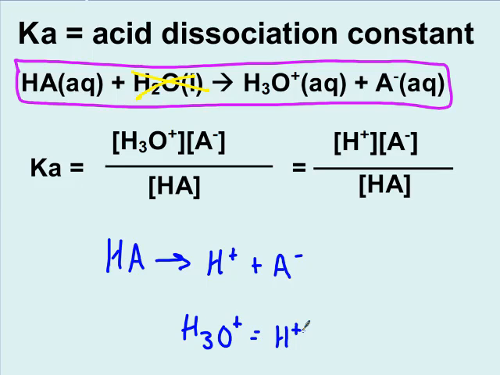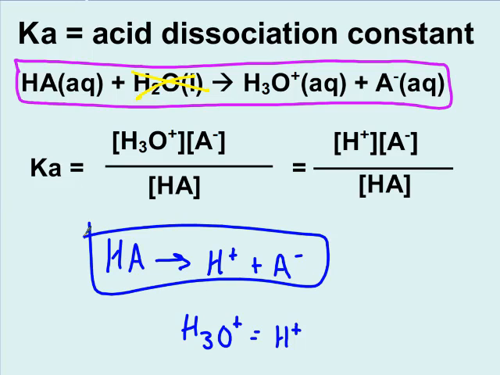The only difference is H3O includes the water, while H plus is the net ionic where water's been removed. So if we used this simplified version, we have H plus times A negative over HA. Either of those are acceptable. But if you're using H3O, then you should have water in your equation.